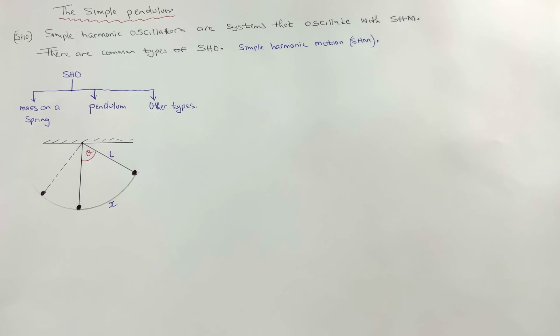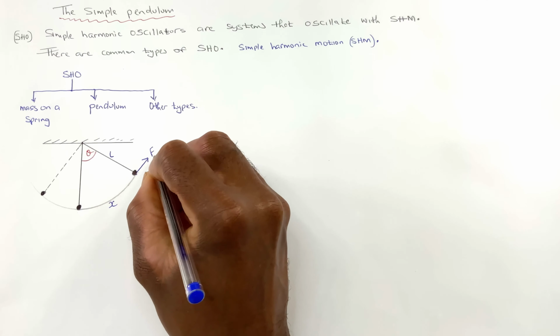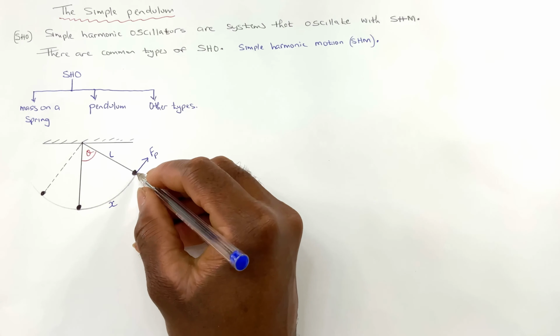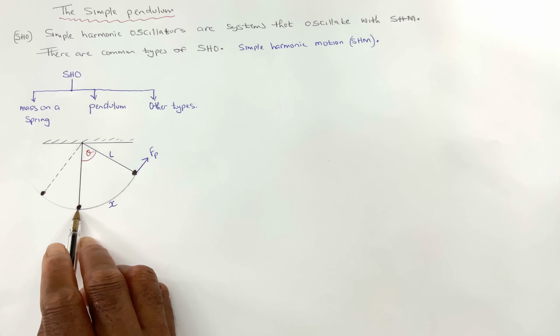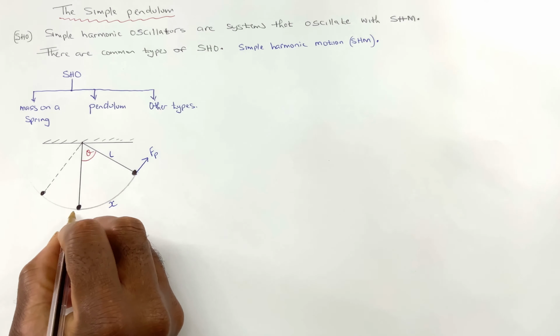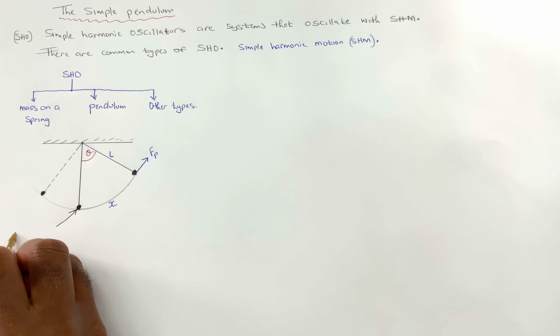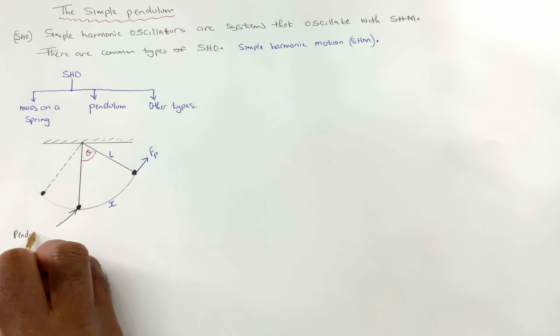So what we tend to do is draw the pulling force here. That's the force pulling the mass. This pendulum mass is actually called the pendulum bob.